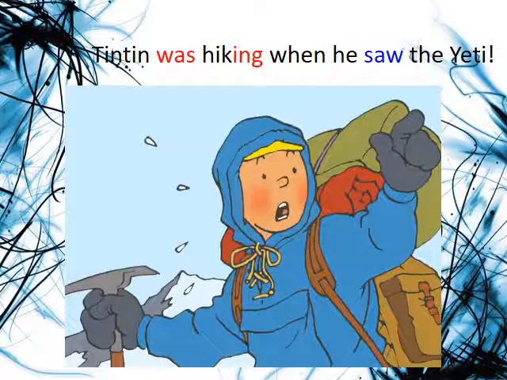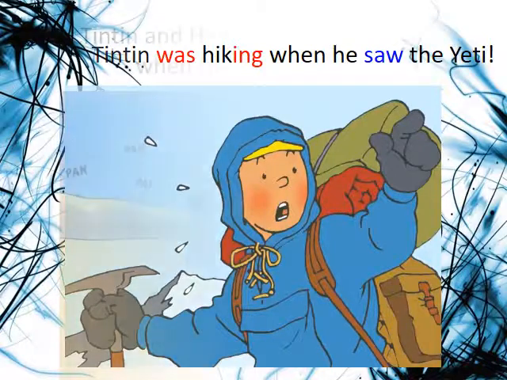The long action is in the past continuous, whereas the short action is in the simple past. You can see there that the verb in red is in the past continuous, was, verb to be, plus verb plus ing, and the verb see in blue is conjugated in the simple past. It is an irregular verb.